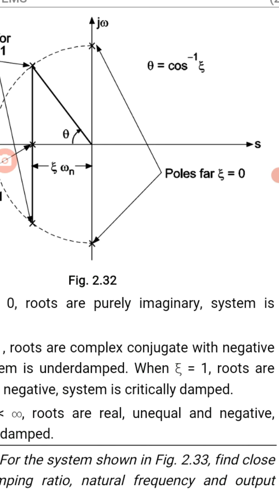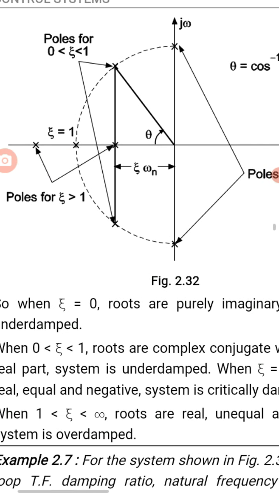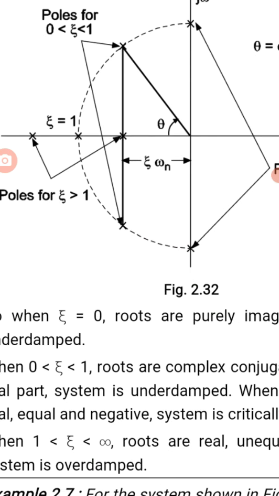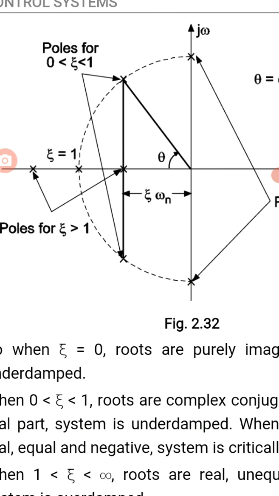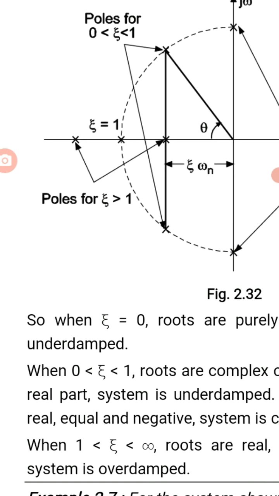Those poles lie on the y-axis. The poles for zeta greater than 1 are given in the figure. For underdamped oscillation, with zeta between 0 and 1, the poles are given. And for critically damped oscillation, the poles are given.